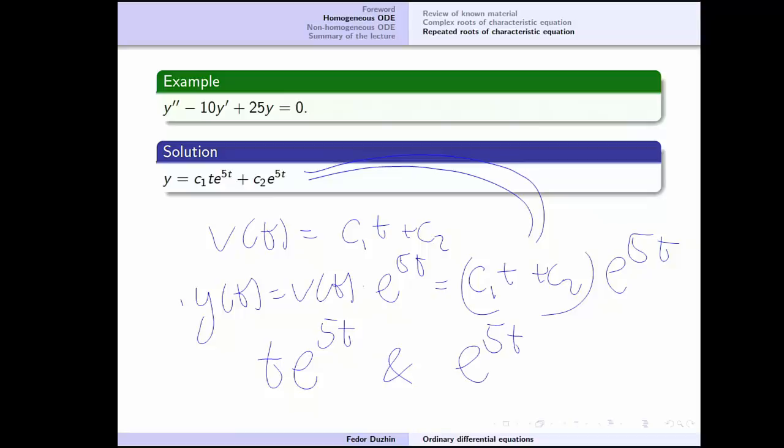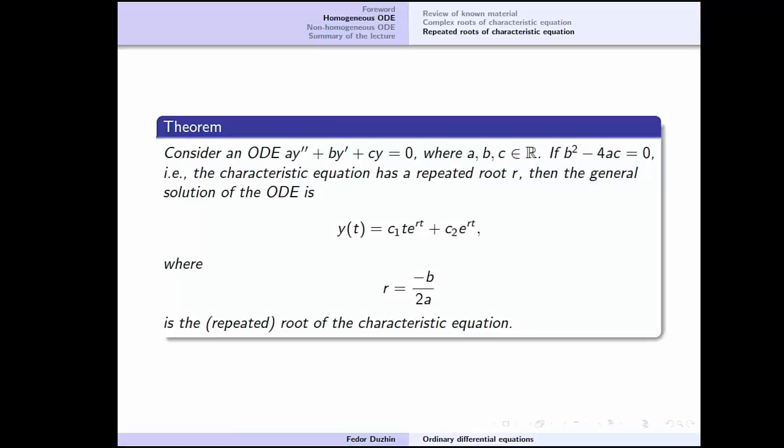So in other words, in order to construct the second linearly independent solution, the second basic vector, all we need to do is just multiply by t. And that's the essence of the theorem. Right?